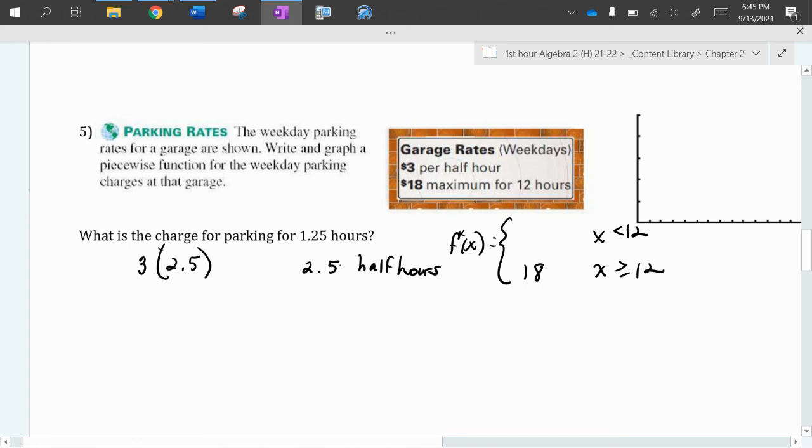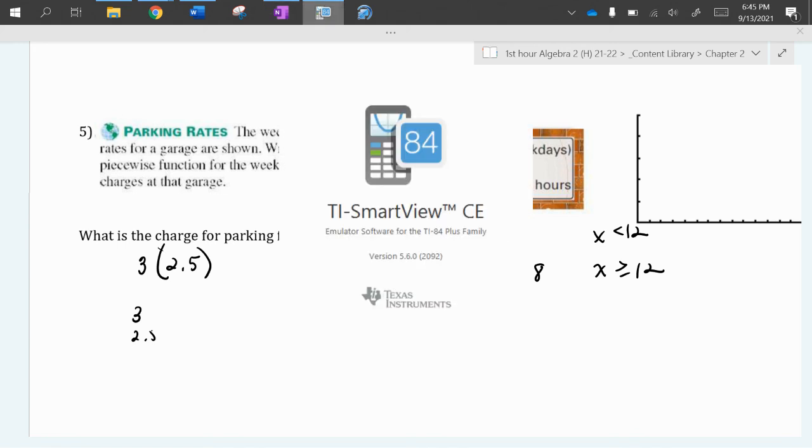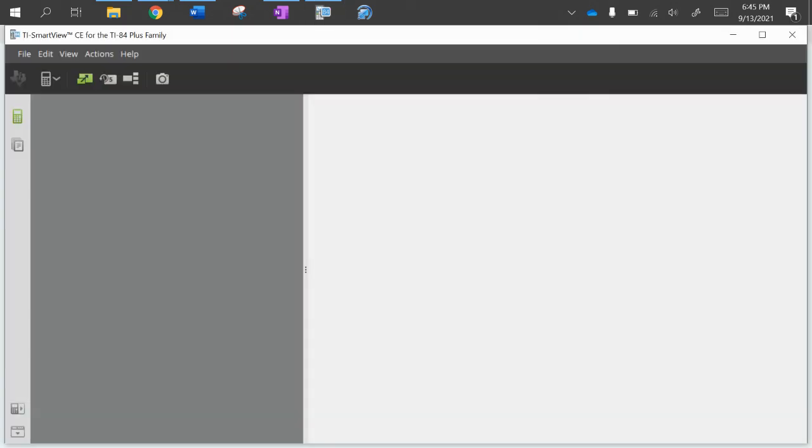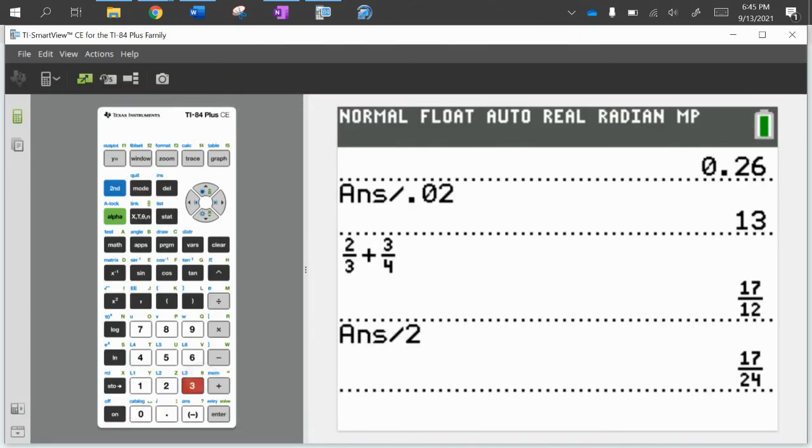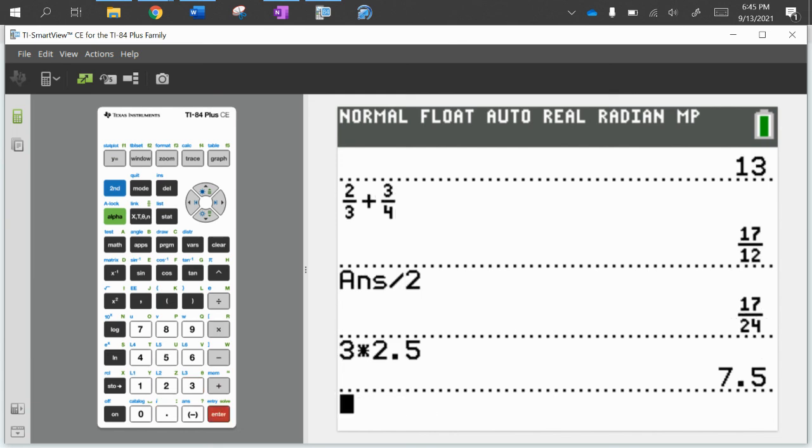So 3 times 2.5, let's open up our calculator here, 3 times 2.5, and that would be 7.5.